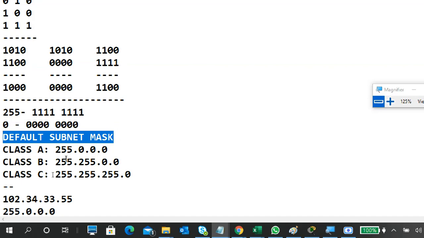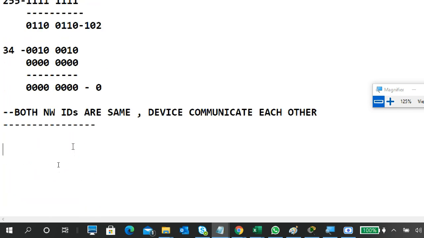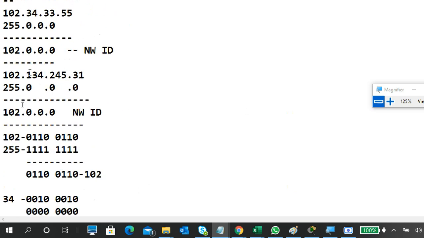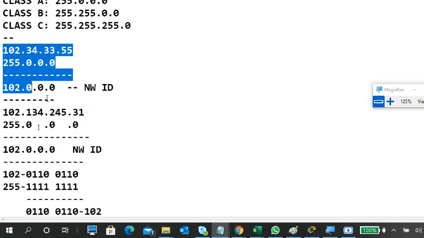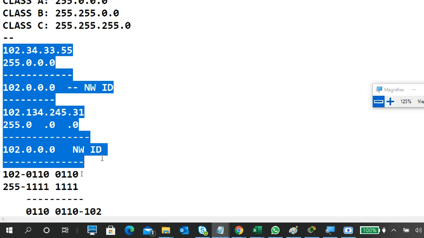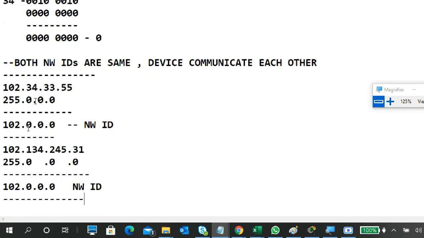Default means by default, so we can change it also. We can change the subnet mask. I'm taking the same example.